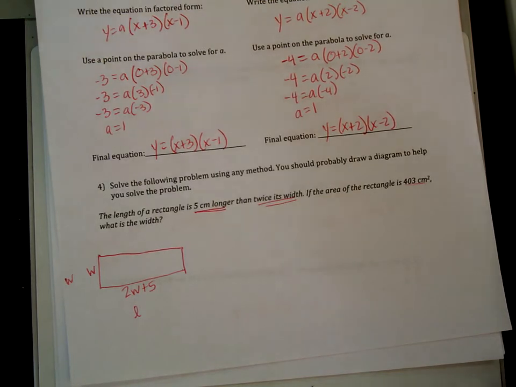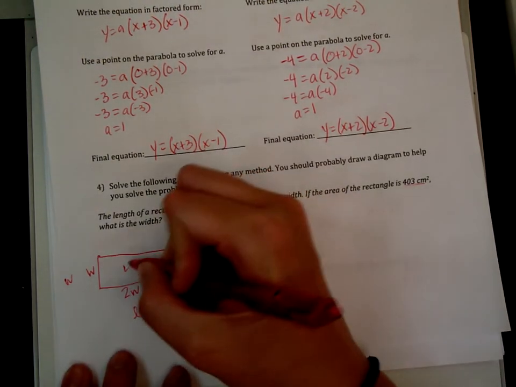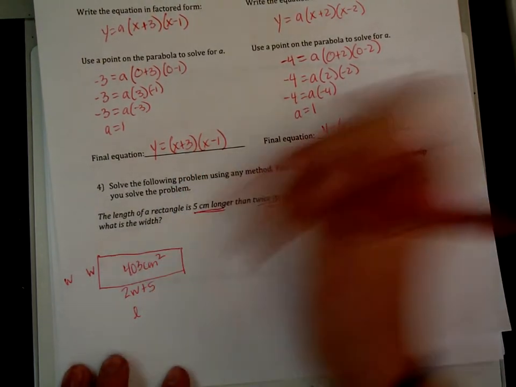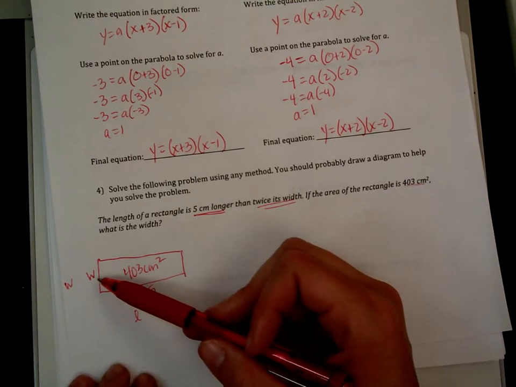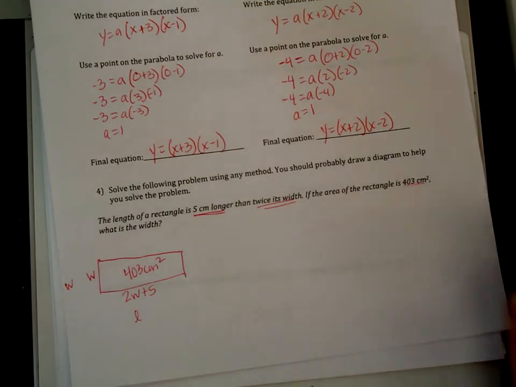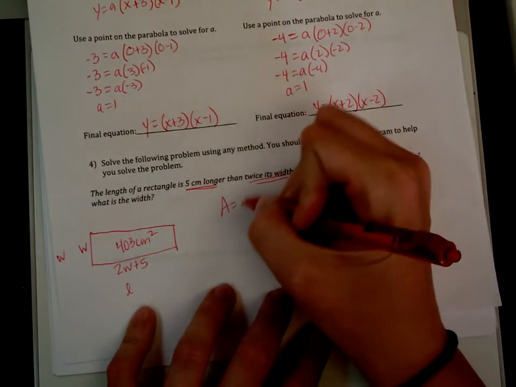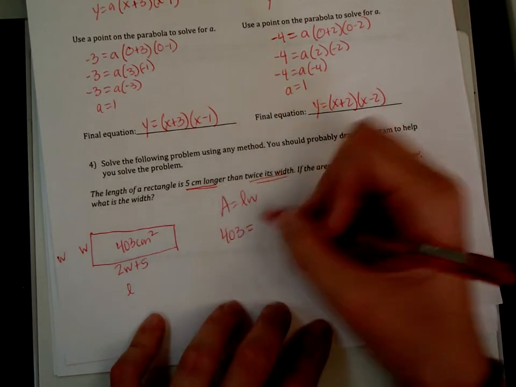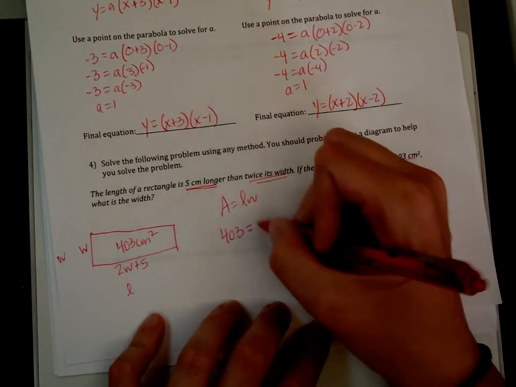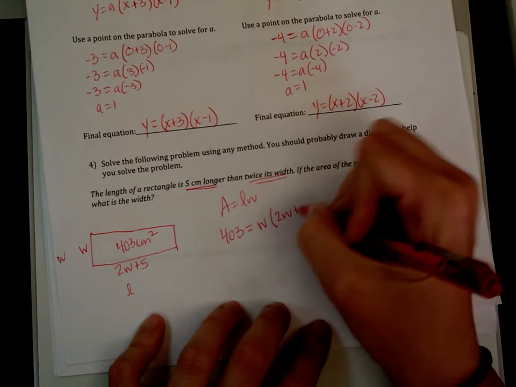The area is 403 centimeters squared. So I know that to find the area, I have to multiply length times width. So the area 403 equals the length times the width. So W times 2W plus 5.